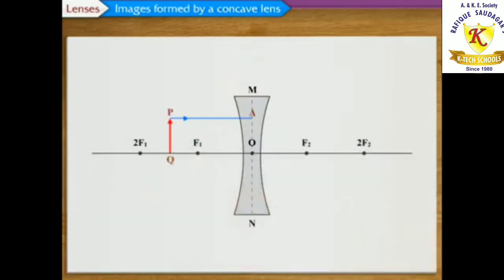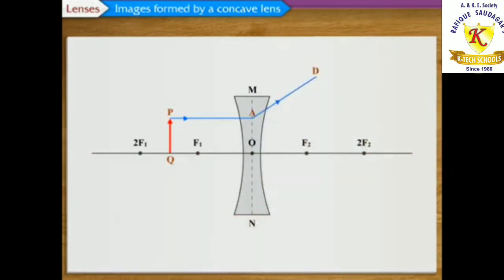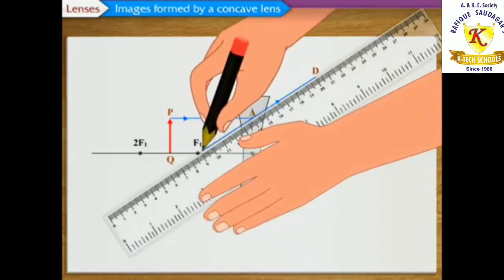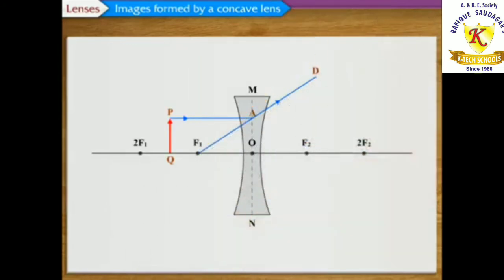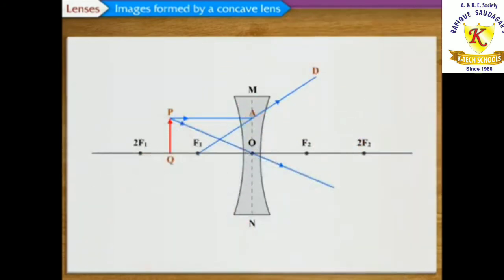The incident ray PA starting from P and going parallel to the principal axis goes along AD after refraction. If AD is extended backwards, it appears to come from F1. The incident ray PO starting from P and passing through O goes along the same direction after refraction.